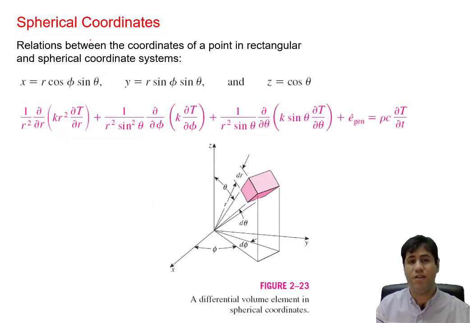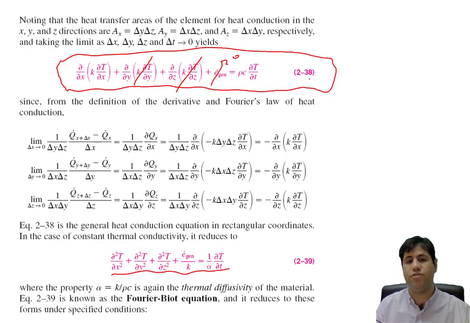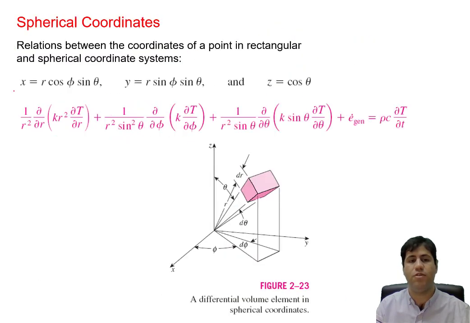For the spherical coordinate system, in this general equation, instead of x, y and z, we need to substitute these three: x equals r cosine phi sine theta, y is equal to r sine phi sine theta, and instead of z, we need to write r cosine theta.